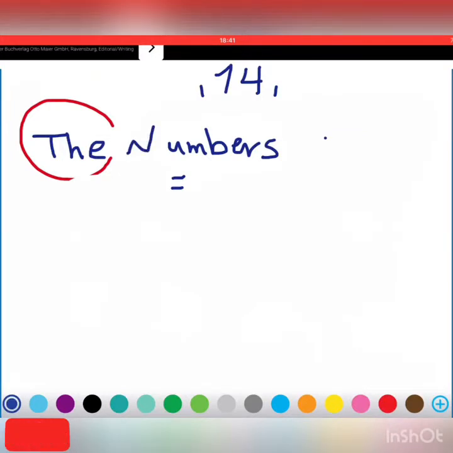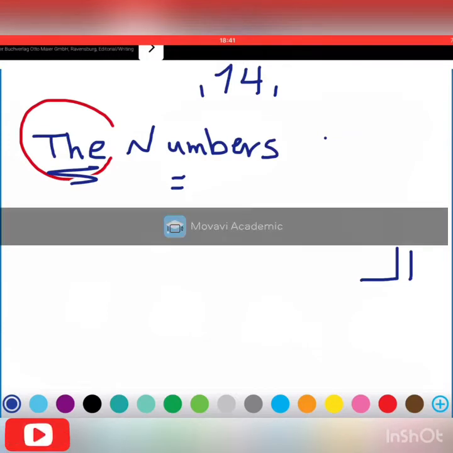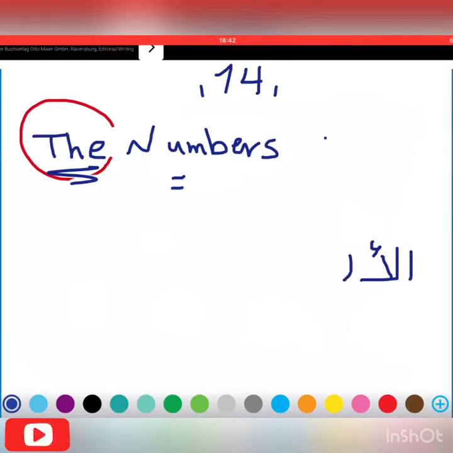So al-arqam. L, this is L, the. Arqam, a. Al, lam with alif, so we do like this, a. And then al-a, we finish al-a. We do ra. Why is ra like this, not like this? Because alif cannot be connected from here.